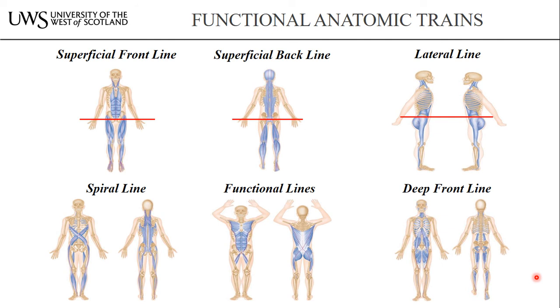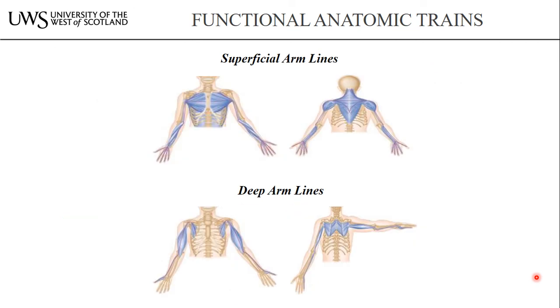So the role of the deep chain is to accompany the action of the more superficial ones, trying to avoid dysfunctional, detrimental forces and moments acting on the body. So moving to the next slide, we have here the arm lines.